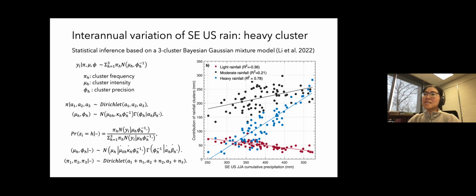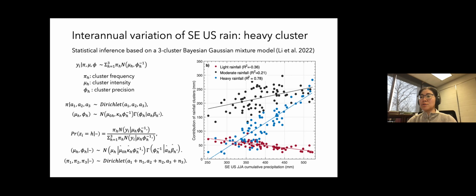So our first analysis is to look at the rainfall categorization. In this analysis, we apply a statistical inference using a Bayesian Gaussian mixture model. According to the AMS definition of the rainfall, we separate the rain events into the light, moderate, and heavy rainfall categories.